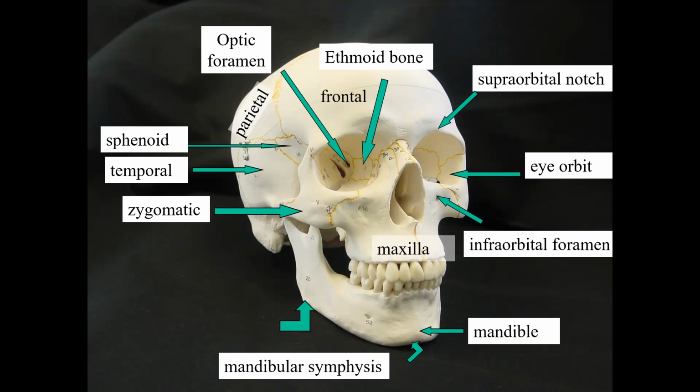But there is another symphysis in the body where there is a gap filled with cartilage. And that is the pubic symphysis, where the 2 pubic bones in the pelvis come together with a big pad of cartilage in the middle. It functions as a shock absorber when we walk. More about that when we get into the appendicular skeleton.